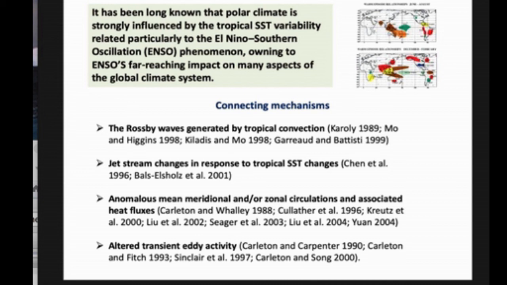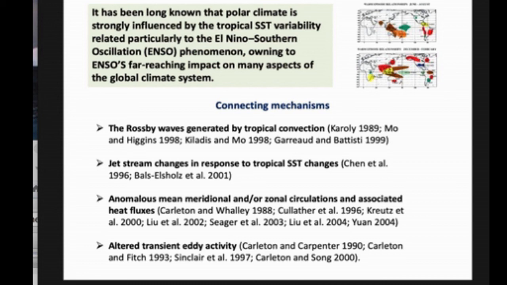It has long been known that the polar climate is strongly influenced by the tropical SST related to the ENSO phenomena, owing to ENSO's far-reaching impact on many aspects of the global climate system.